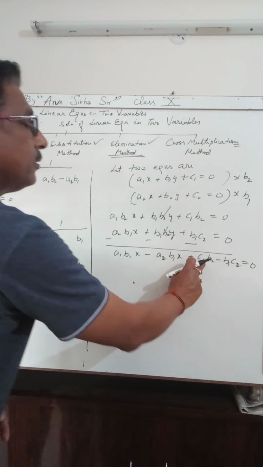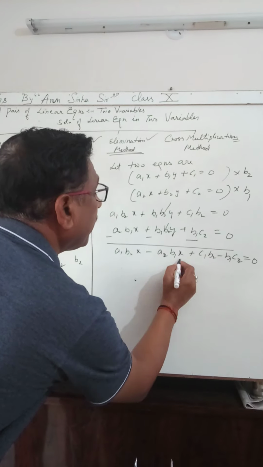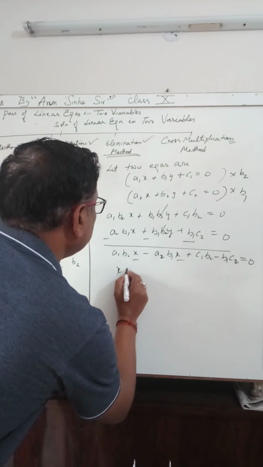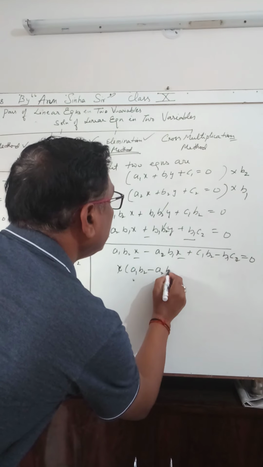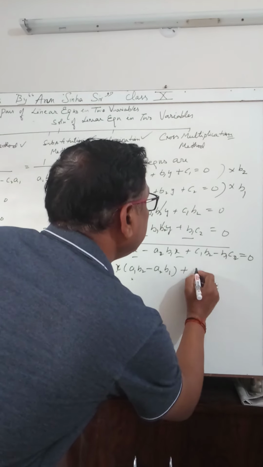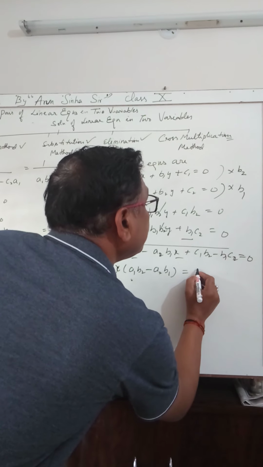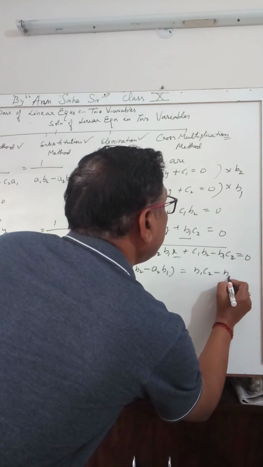Now shift the constant terms and take x common. Here you will get a1 b2 minus a2 b1, and if you shift the other term, you get b1 c2 minus b2 c1.